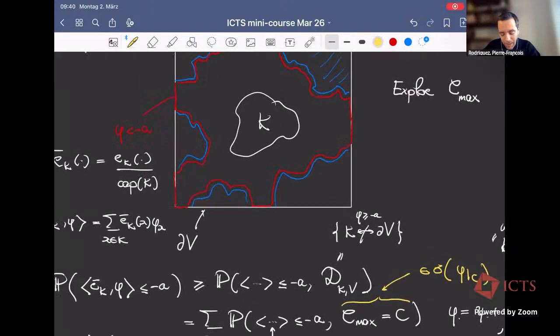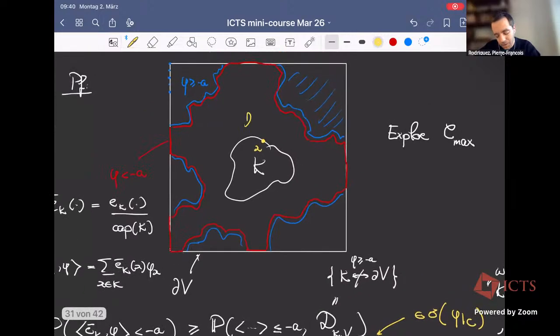But if I go back to my picture, here's my x. If I want to evaluate h at x, remember this was just some weighted average. Actually, the weight is according to the probability that the walk will hit this red hypersurface in a particular point, and it's going to be an average of phi on this red surface. But on the red stuff, phi is less than minus a.